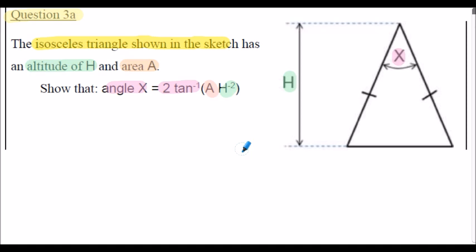As a hint in this question, we're going to need to generate two equations, one using the formula for area of a triangle and one related to the use of basic trig. From the equations, we'll be able to solve for angle x. I'd encourage you to stop the presentation and attempt question 3a, but the full worked solution is shown on the following slide.